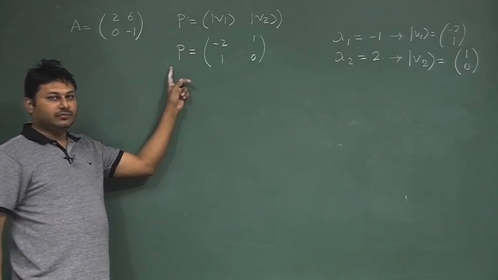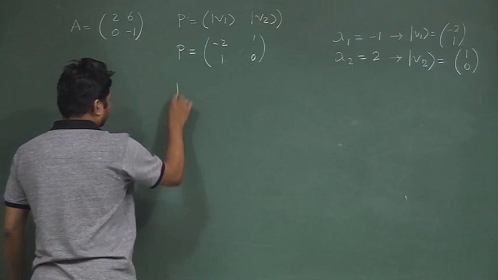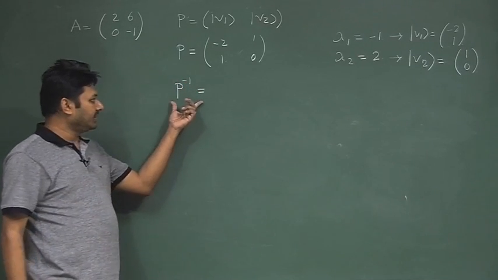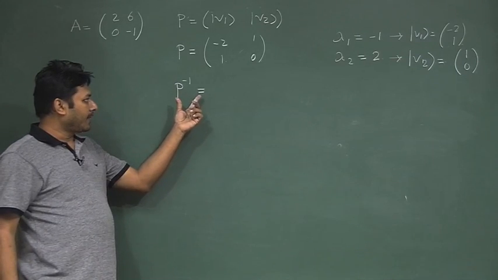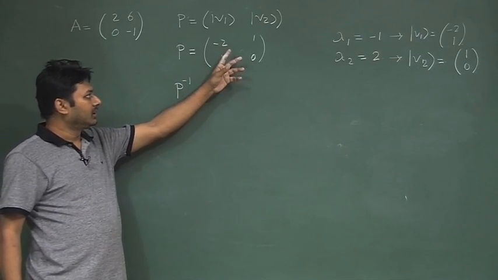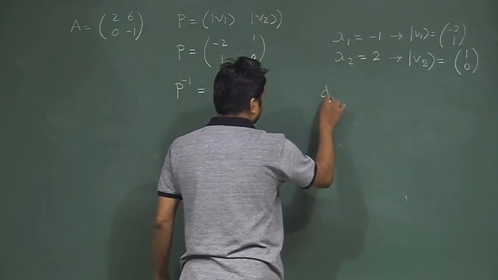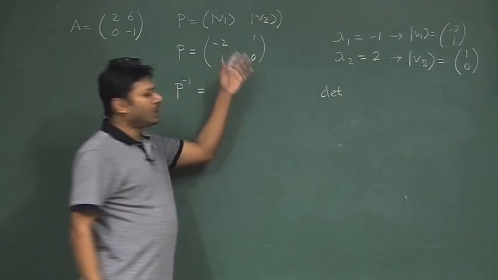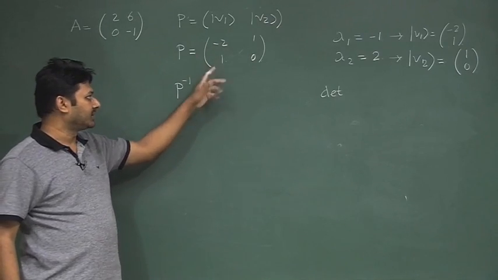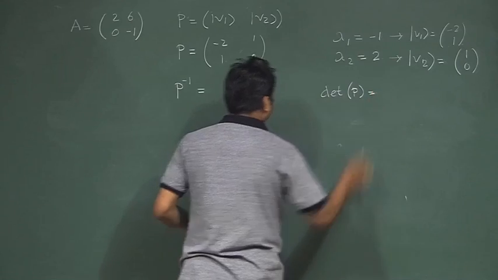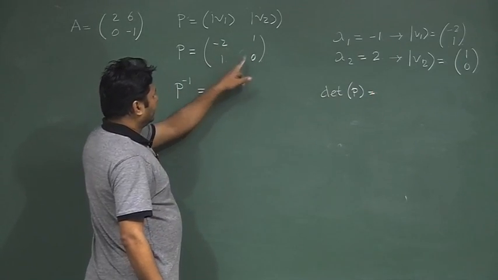Next thing is to form the P inverse. In order to find the inverse, you need to make the adjoint and then divide by the determinant. So first I need to find the determinant of P. I believe all of you know how to calculate the inverse of a matrix, so I am not going to spend time on that. So the determinant of P is equal to minus 1.